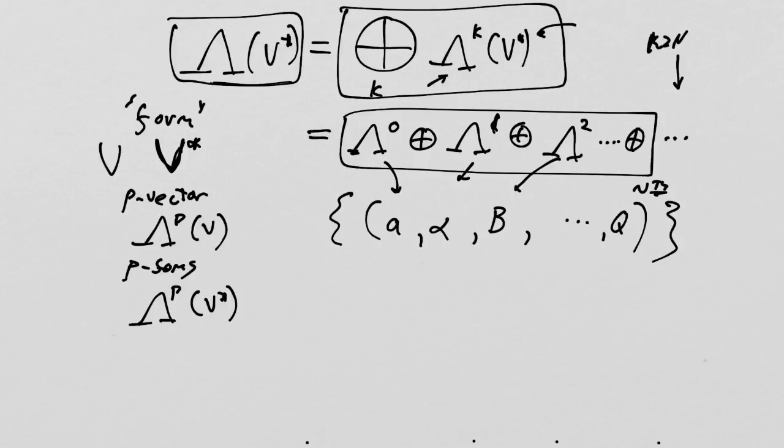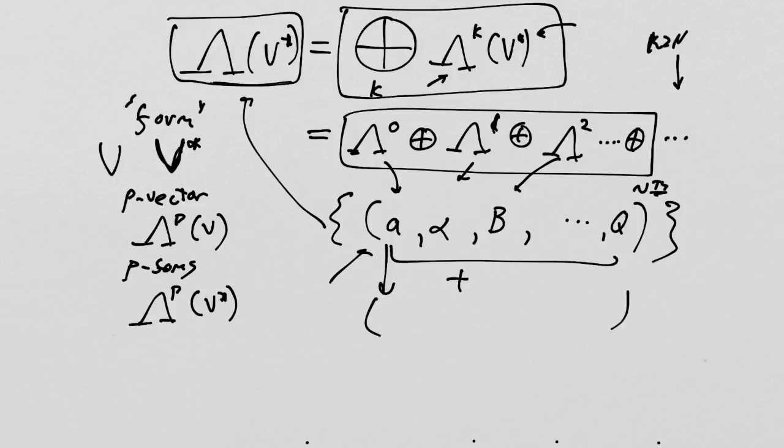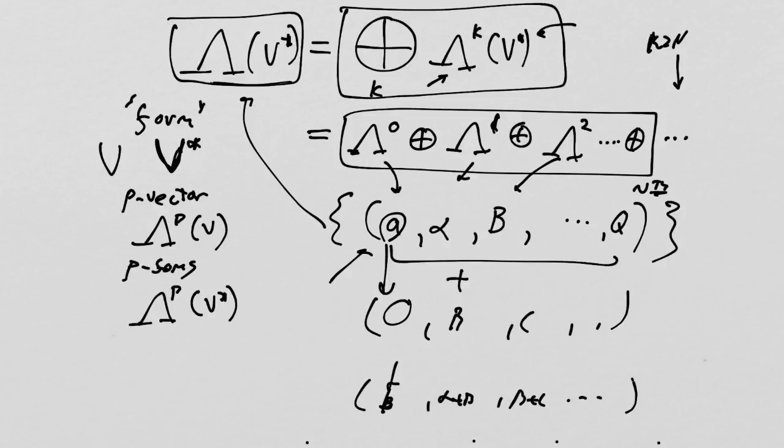All of these n tuples are the elements of this space, and of course it's a vector space, so you have to be able to add them. That's straightforward. If I had two n tuples, I would add each element to the corresponding element: alpha plus beta, b plus c, and so on.